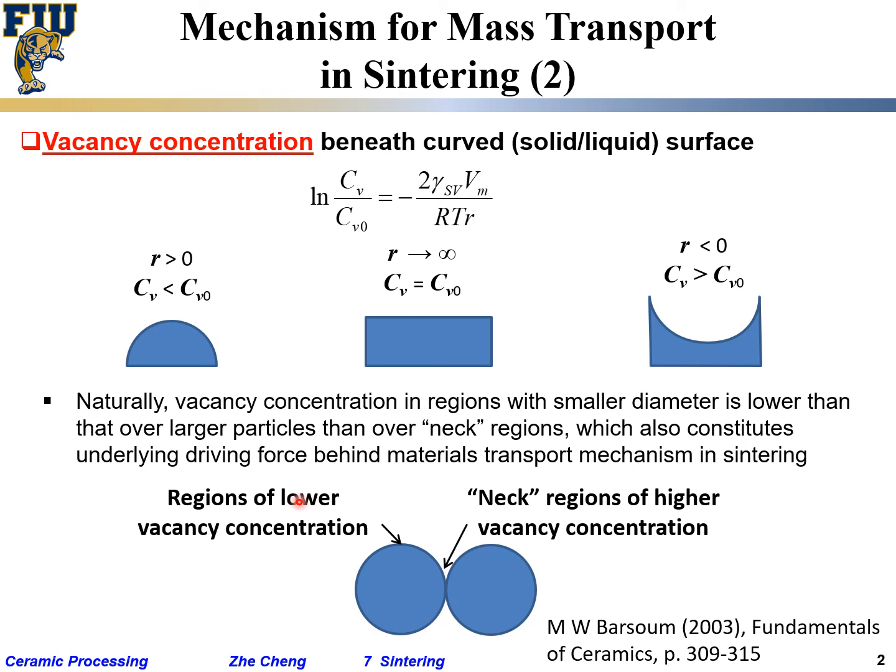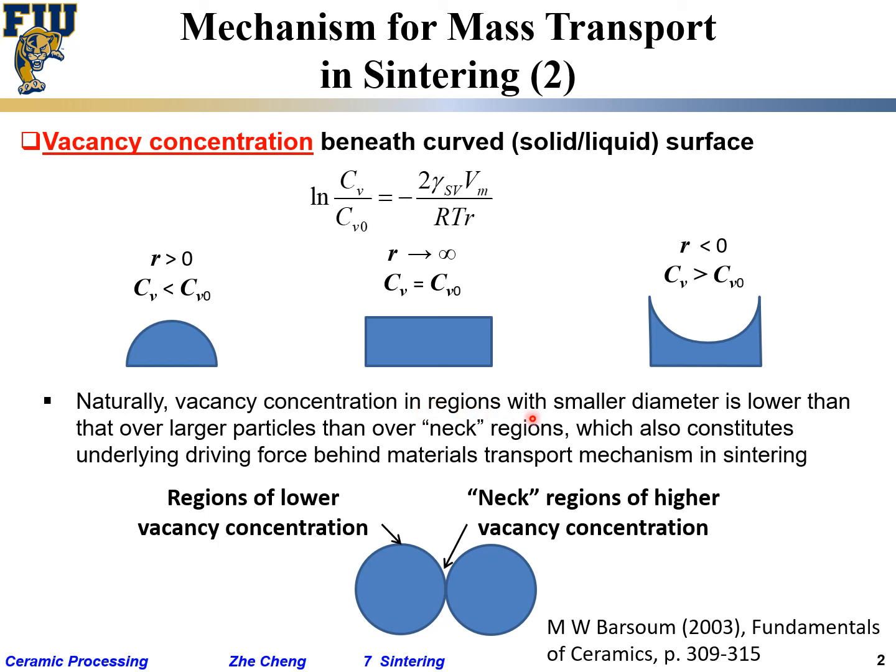Within the bulk, within the lattice of the material, the atoms would move from low vacancy concentration to high vacancy concentration until everything becomes flat. Make sense? So this is essentially this paragraph.